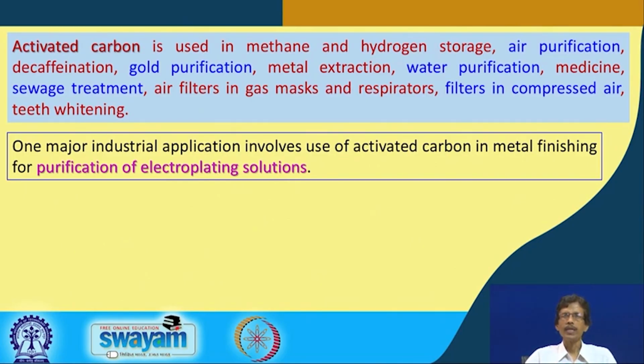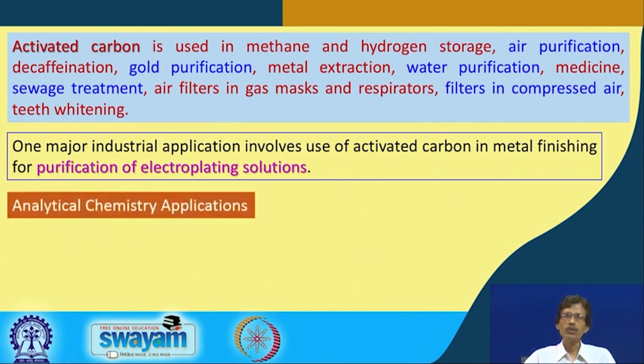Initially we have the corresponding solutions of nickel salt, silver salt, or gold salt. But if we get those directly from industry, they may not be very pure, unless we get them in pure form from bottled chemicals. So that can be purified once you pass the electroplating solutions through activated carbon.